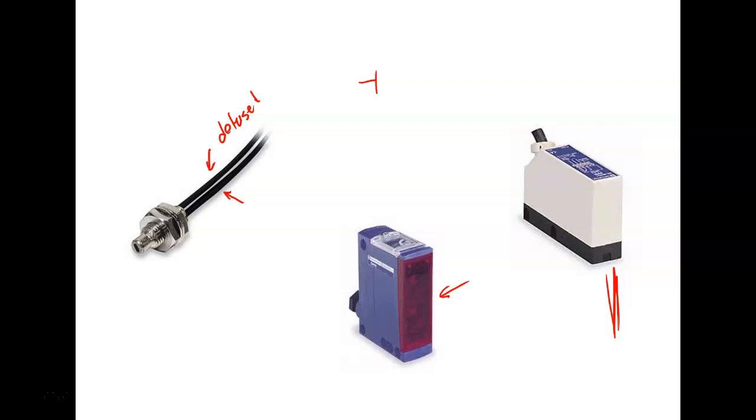For some reason, I don't know why, it's very popular to use red light. All the photoelectric sensors on our manufacturing lines use red light, and the lens cover is usually red.